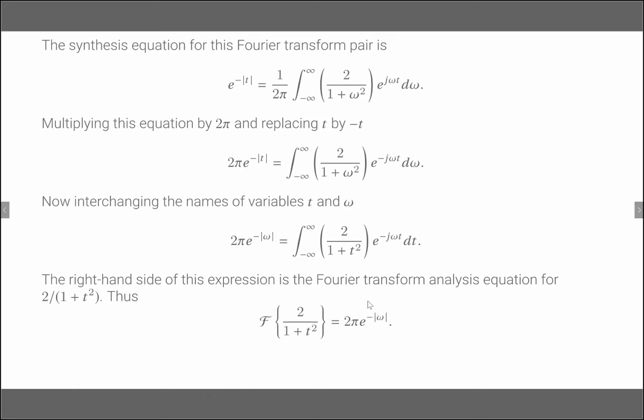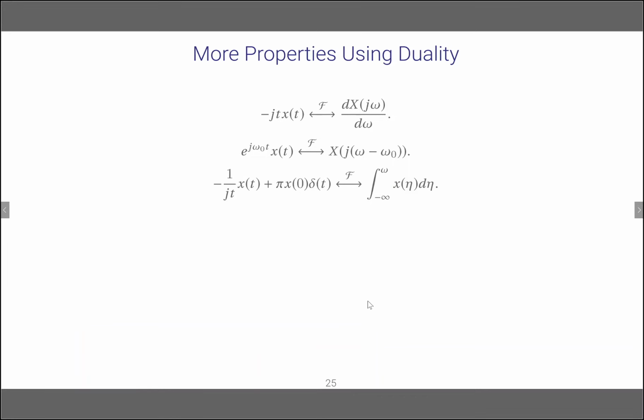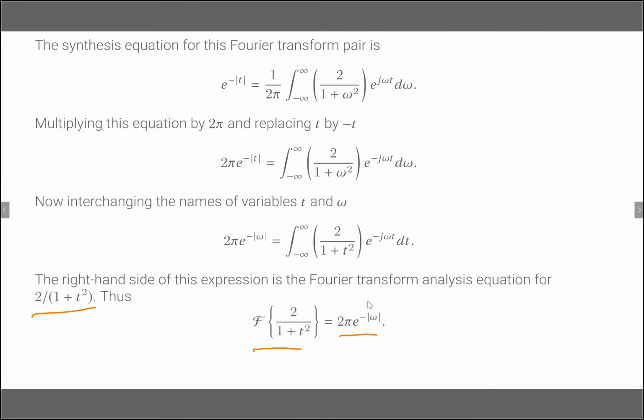The right hand side of the expression is the Fourier transform analysis equation for this time domain signal. That means if we take this time domain signal, we must get this Fourier transform. So you can see, by using the knowledge of a Fourier transform, we were able to obtain the Fourier transform of a time domain signal that looked like the Fourier transform of a particular time domain signal.